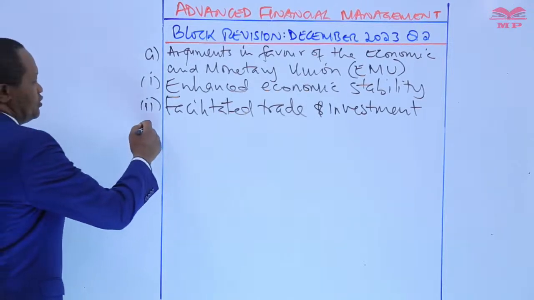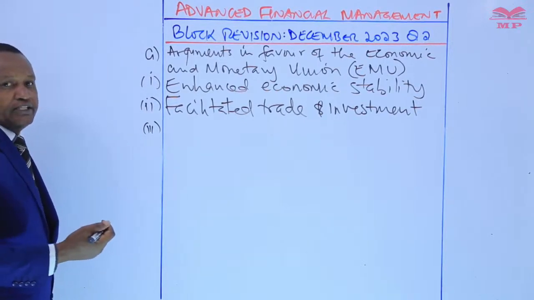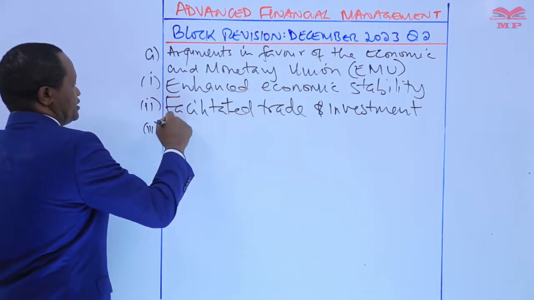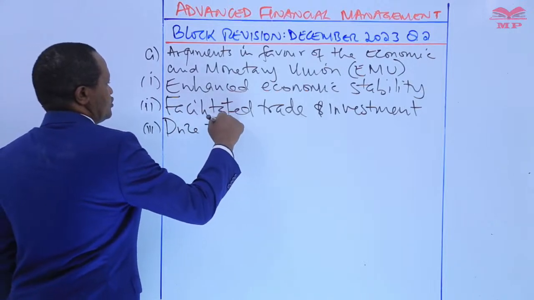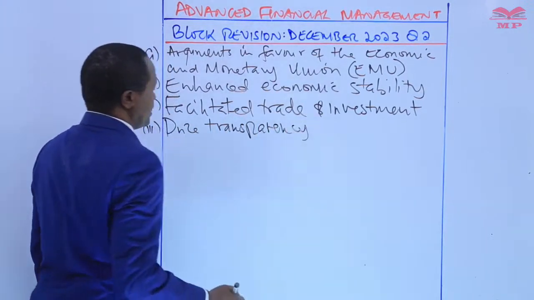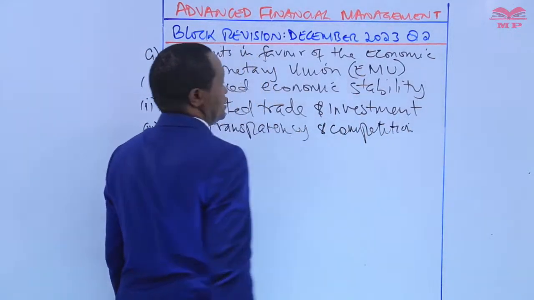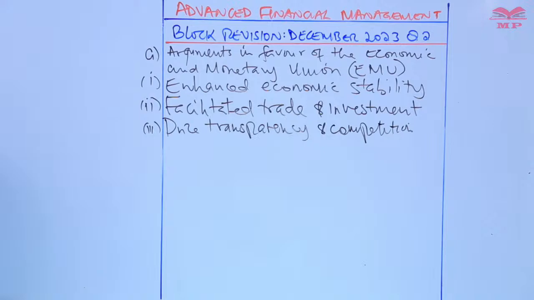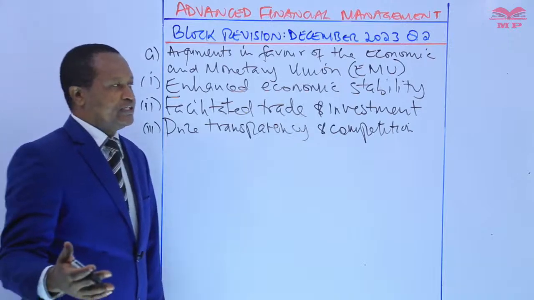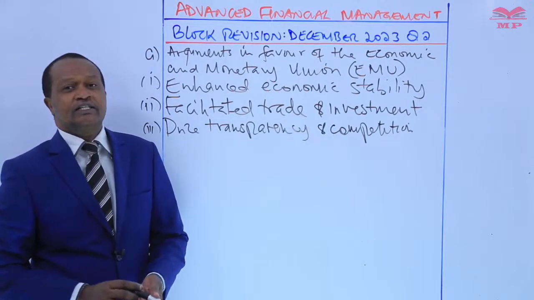There is also what we call price transparency. Price transparency and competition. This is yet another argument. With a single currency, consumers can easily compare prices across different countries, thereby fostering price transparency and competition.